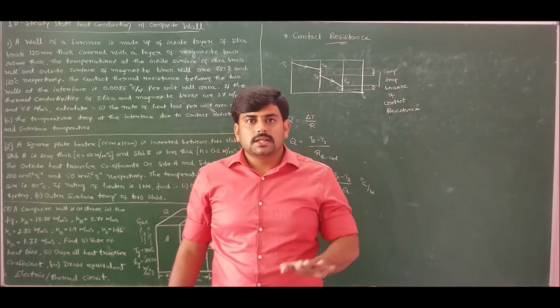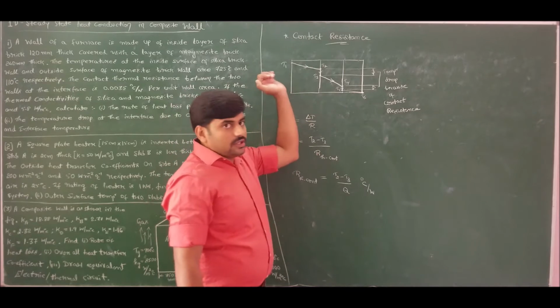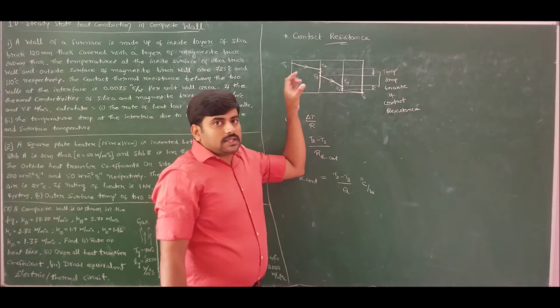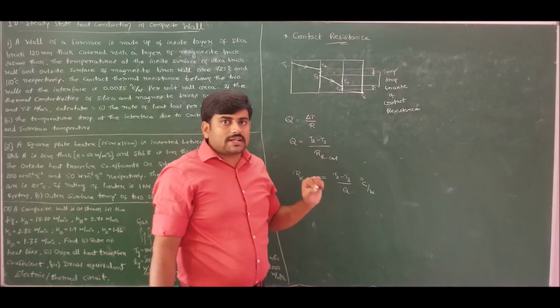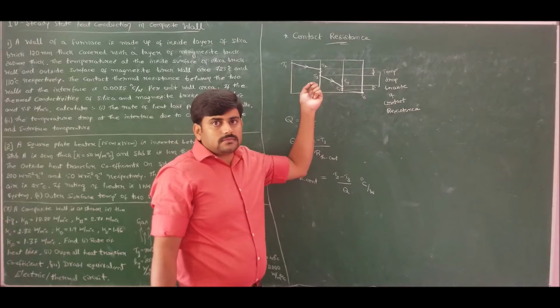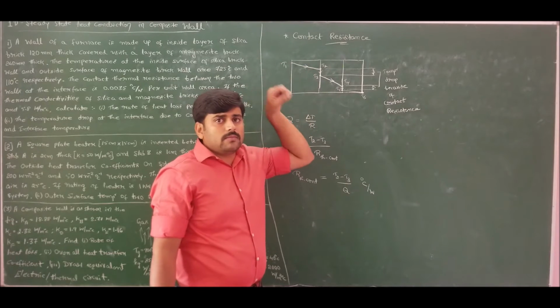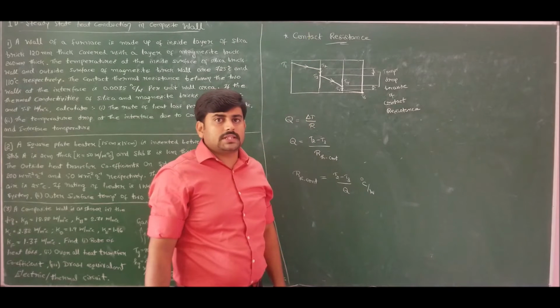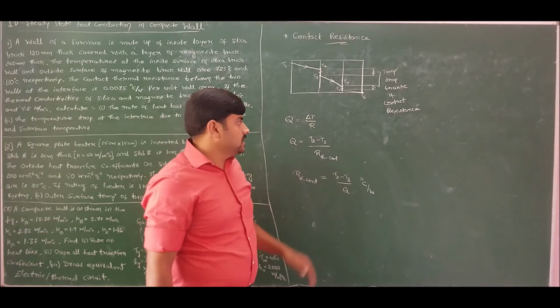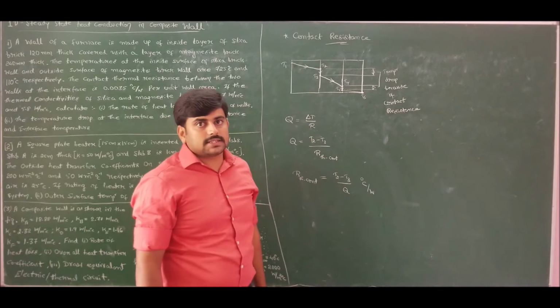In practice, the temperature distribution is not uniform at the interface. There is a drop in temperature because of voids. Only at discrete points will the surfaces be in contact, and at many points there will be an air gap, which resists heat flow and causes the temperature drop at the interface. This is known as contact resistance.